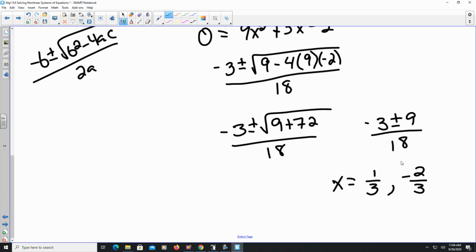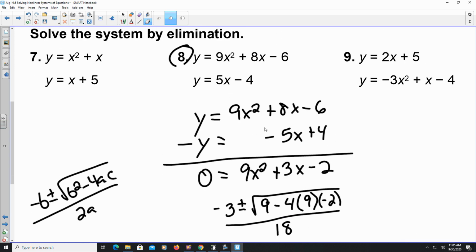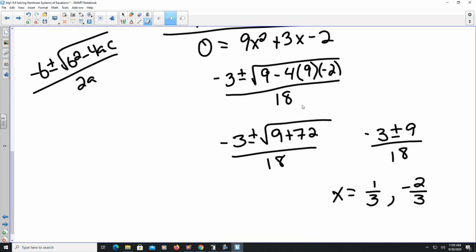To find y for those, I'm going to pick the second equation here because there are fewer variables I have to take care of. So y equals 5x minus 4. So y equals 5 times 1/3, and I said minus 4.